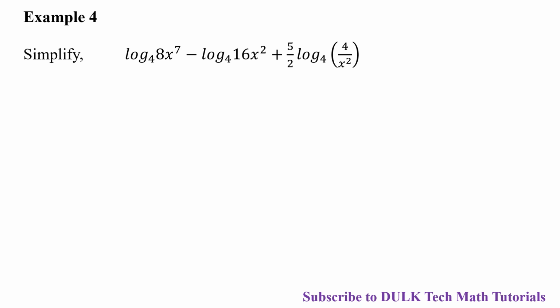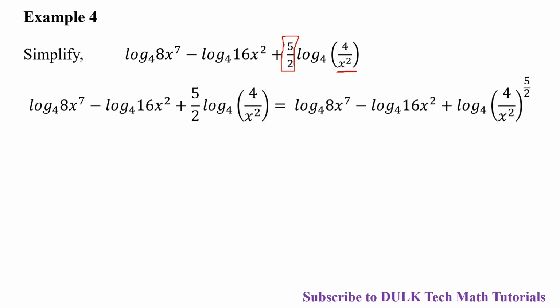Right, simplify. In this case, as you can see, we have this coefficient. So first of all, let's get rid of the coefficient and make it the power of 4 over x squared, like this. This one as it is, this one as it is, and in this case now, this 5 over 2 is now the power of 4 over x squared.